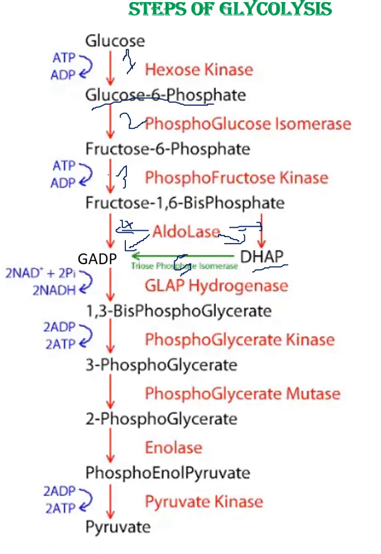Now the sixth step, the oxidation phase. Now it's time for the payoff phase. One of our 2 GADP molecules from the preparatory phase undergoes oxidation first, GADP becoming 1,3-bisphosphoglycerate.